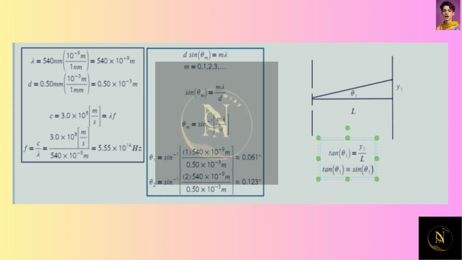If we plug in 1 here for m, we can set this equal to sine of theta 1. So tangent of theta 1 is y1 over L, and sine of theta 1 is equal to 1 times lambda, which is just lambda, over d. So let's solve for y1 here. y1 is going to be equal to L lambda over d.